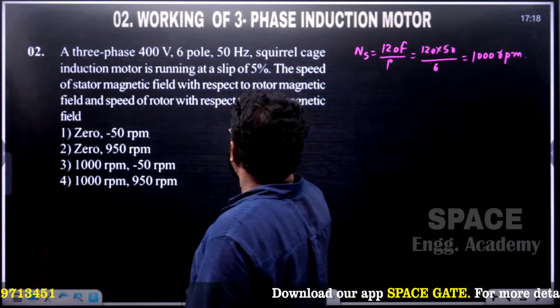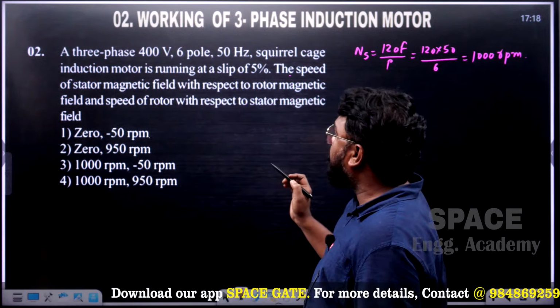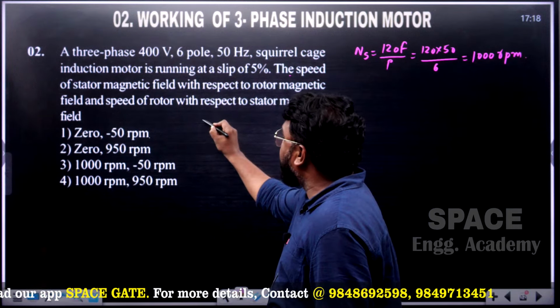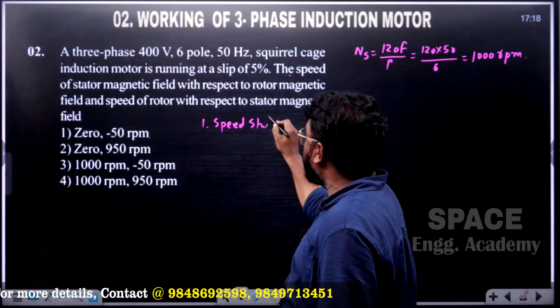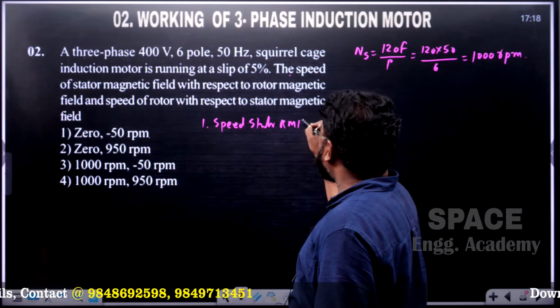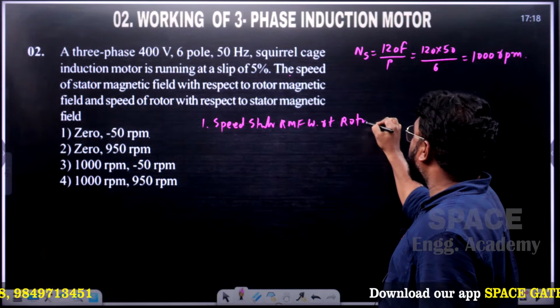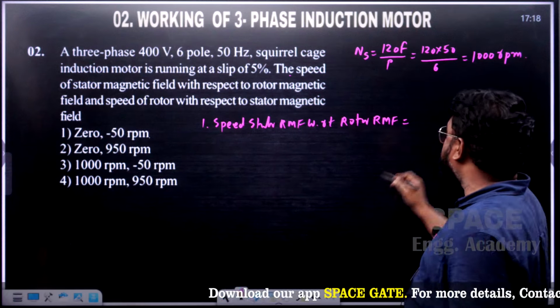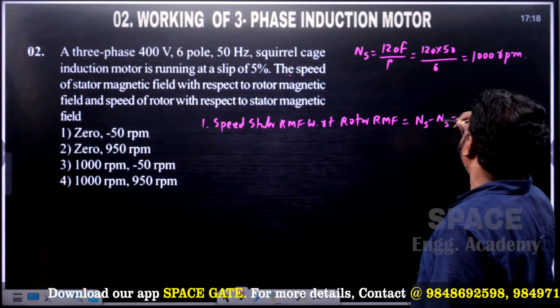Now our question is the speed of the stator rotating magnetic field with respect to the rotor rotating magnetic field. Both fields rotate at the same speed, so Ns minus Ns is equal to 0.